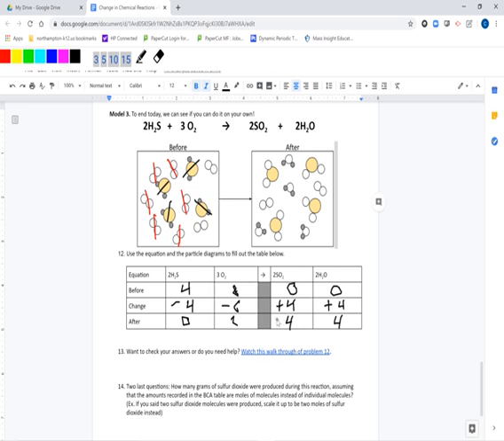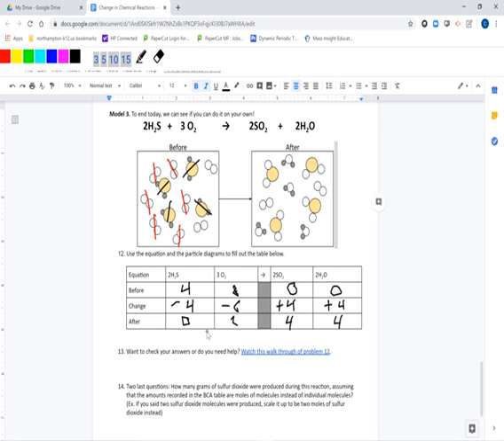Now, I have 2 more questions that I've added on to this assignment that ask you to think about if instead of the number of molecules, what if this was moles? Because the BCA table can also measure moles, just like we can scale up a reaction equation to say not 3 molecules of oxygen, but 3 moles of oxygen molecules.